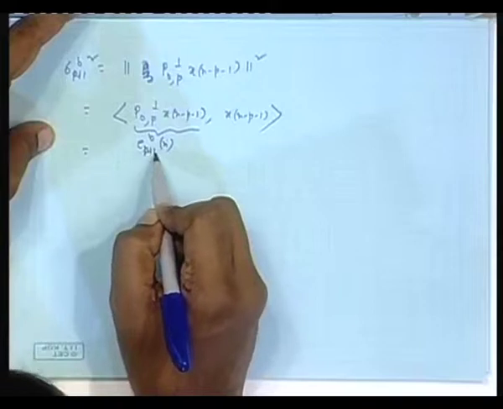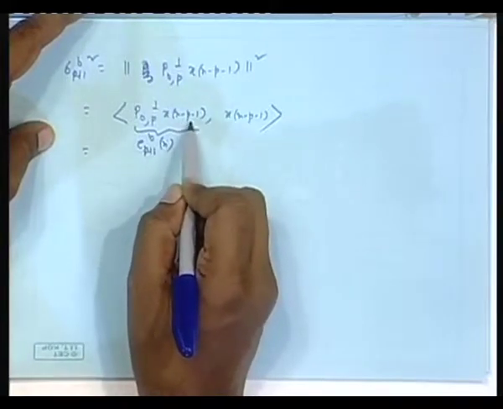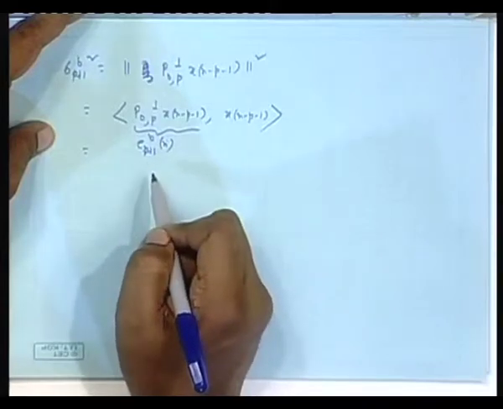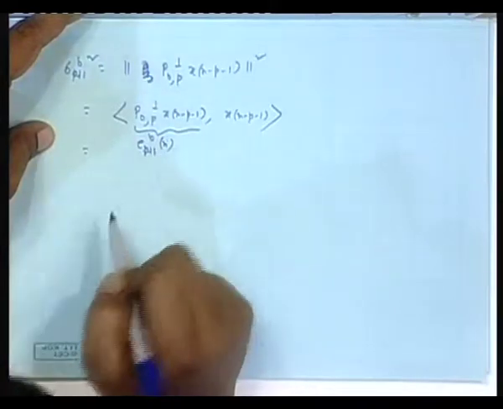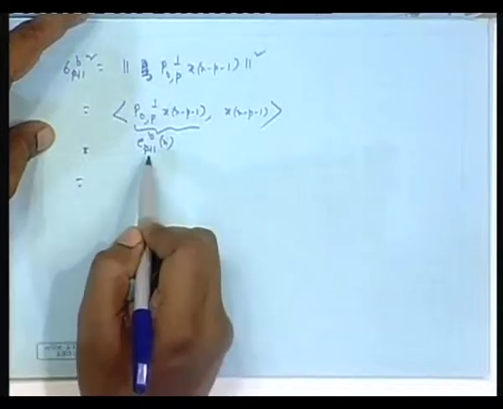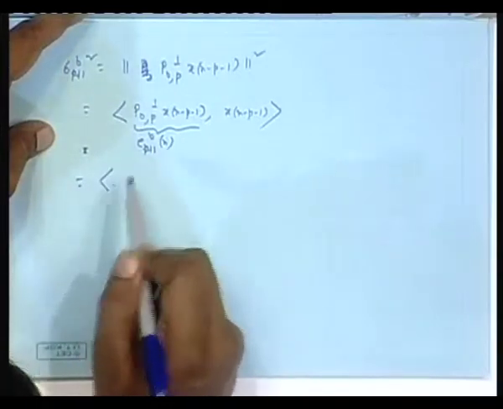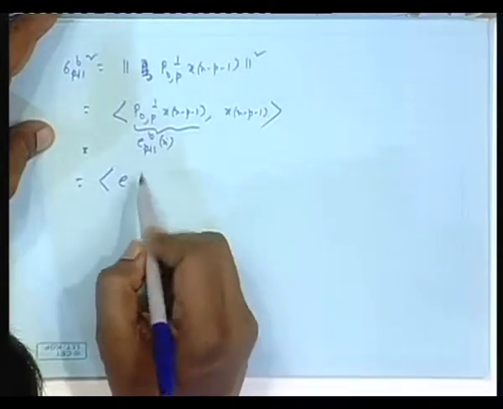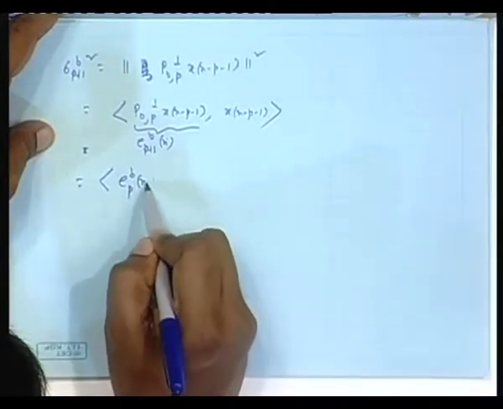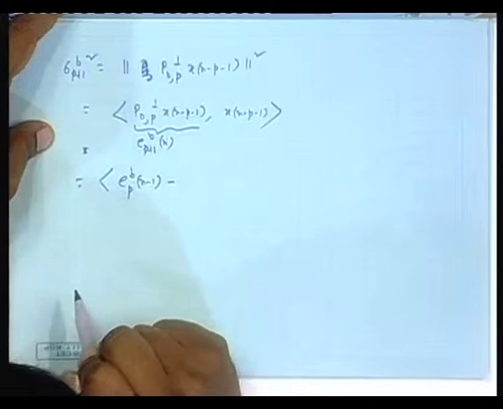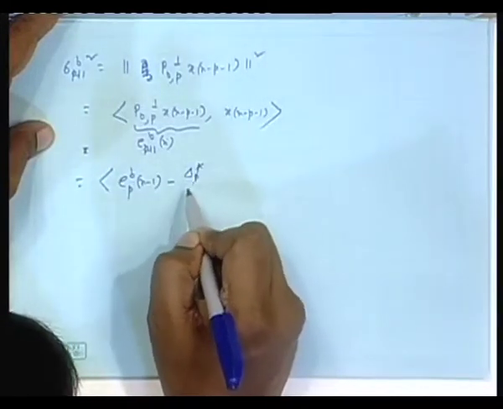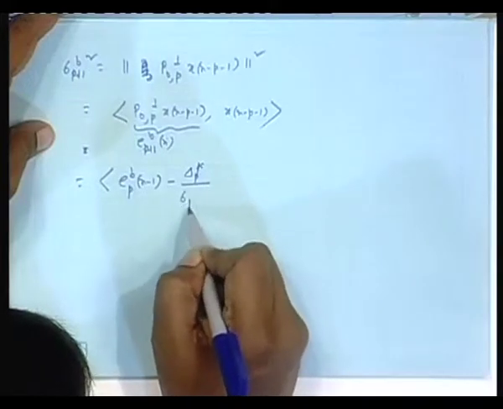N minus p minus 1 is the index where you are standing, looking at p plus 1 future terms, isn't it? This is this, and I know its recursive formula. Recursive formula I know in the lattice computation, simply replace that. That was e p b n minus 1 minus what? Delta p star, no? I had delta p star that time.